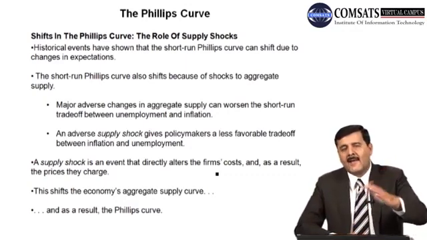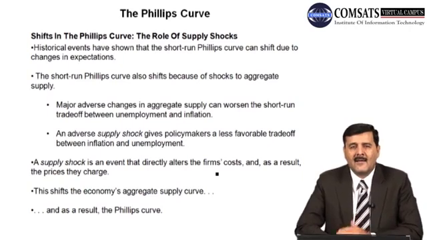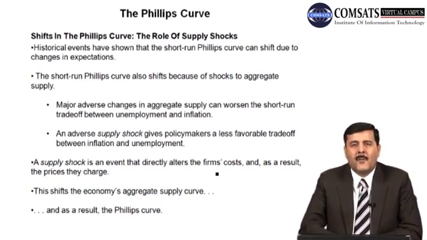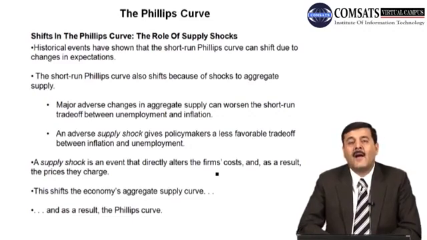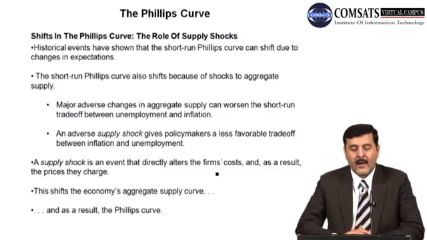So far we have seen how the government's monetary policy, growth in money supply, can affect aggregate demand, and how aggregate demand can affect inflation and unemployment. Now we'll see how supply shocks can shift the Phillips curve and affect inflation and unemployment in the economy.